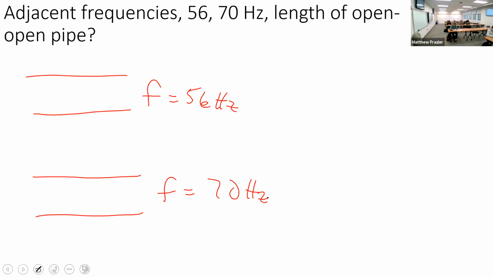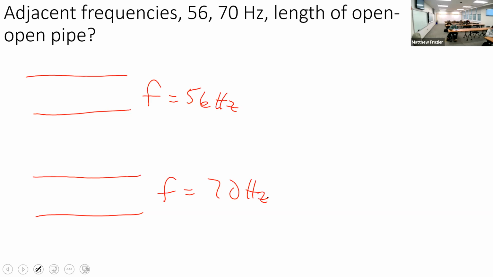So the question is what the length of this culvert happens to be. The trick is, we know these aren't the fundamental frequencies, because one is not immediately a multiple of the other, but they share some sort of common factor.